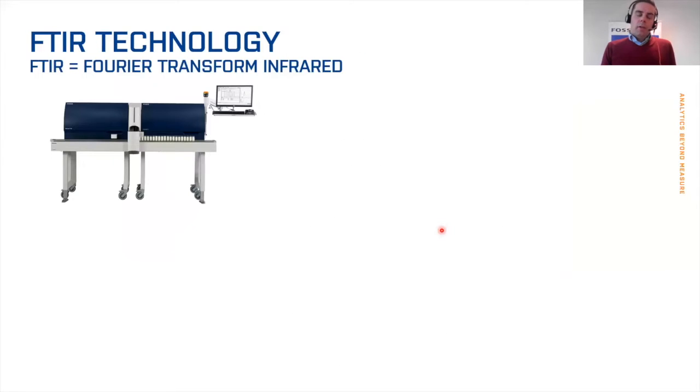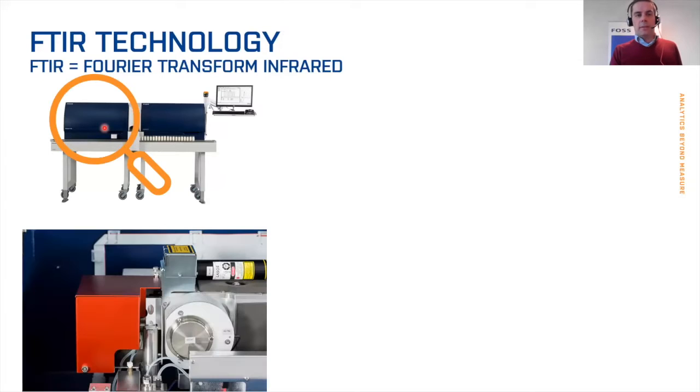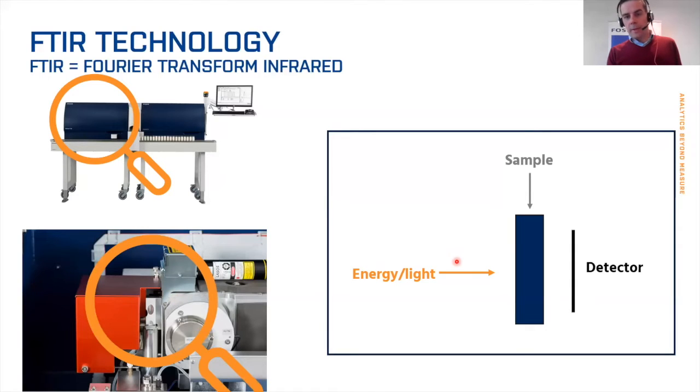Then we were using FTIR technology. FTIR is the abbreviation for Fourier transform infrared, and it is used in one of these analyzers here called Milkoscan 7RM. What exactly happens is that we have an interferometer here, and in this interferometer we have an energy source that emits energy on the sample stream.